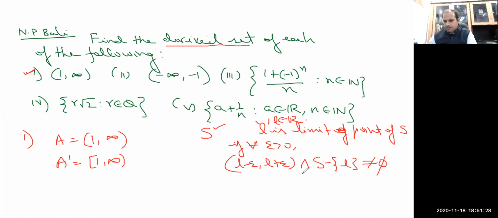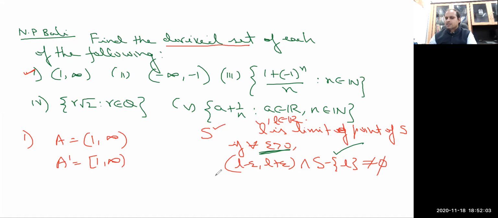Here we have this definition: if every neighborhood of L intersects S infinitely, then L is said to be a limit point of the set S. Or, for each epsilon greater than 0, if every neighborhood of L has an intersection with the set S other than L that is non-empty, then we say that L is a limit point of the set S. And to discard, one needs to show that there exists at least one neighborhood of L which does not follow this definition. So to discard, one needs to construct at least one.